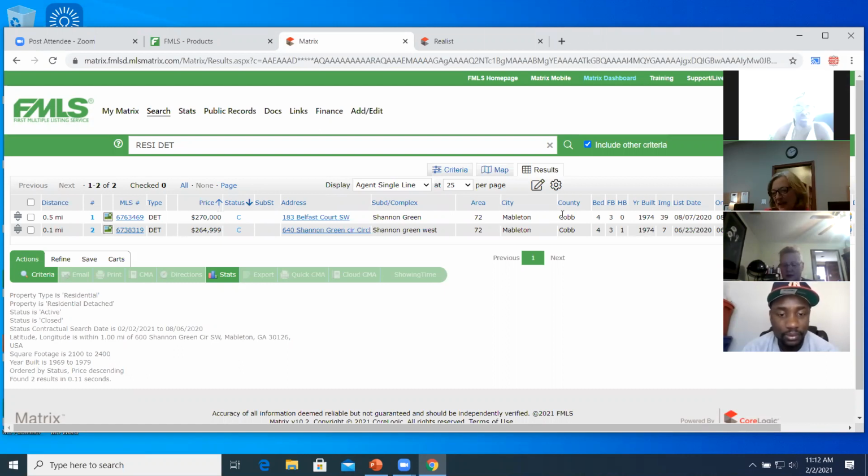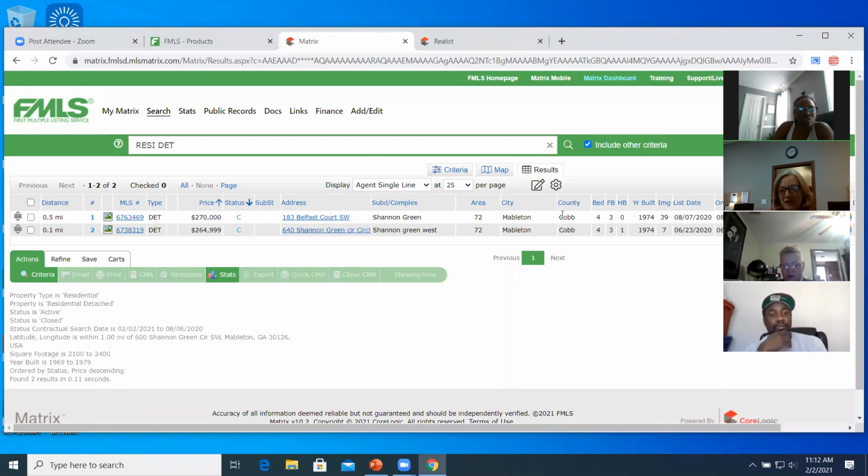But what if you get an offer for 280, and the appraiser comes out and these are the only 2 comps he's got? That's not going to make your seller very happy. I would have that conversation with them prior.